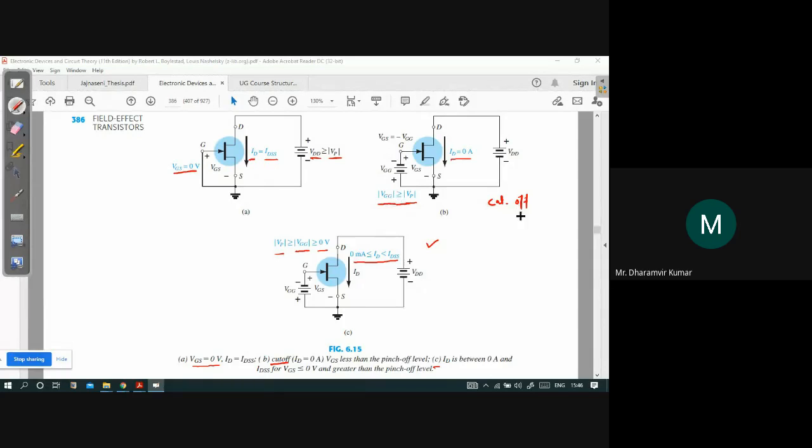So this is cutoff, and this is the state for IDSS current.